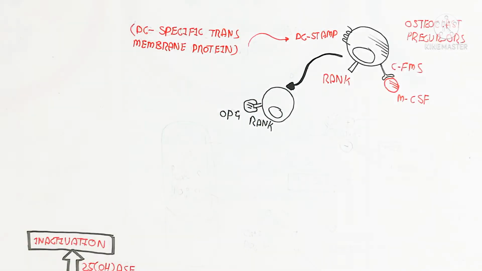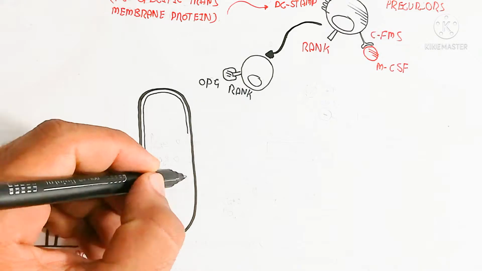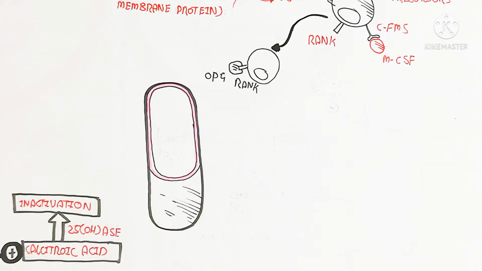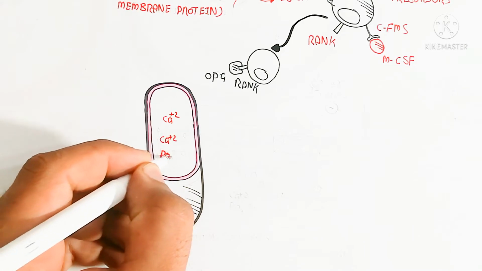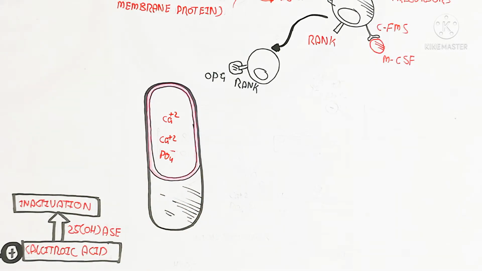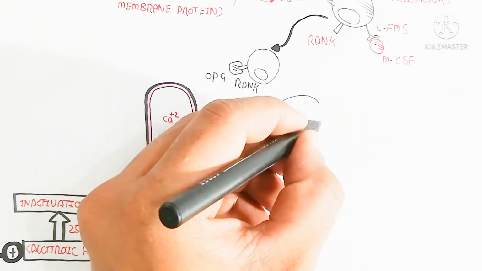This is the RANK, which will be bound by osteoprotegerin, and when OPG is bound, it will not work, and it means the calcium level will be normal, or there is excess calcium.